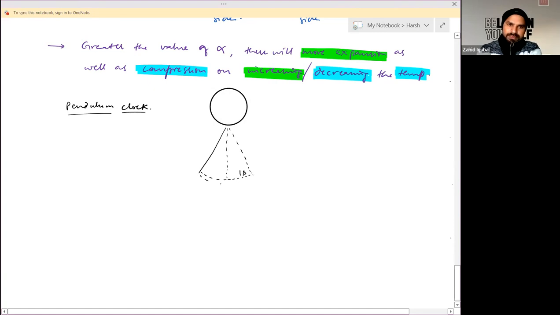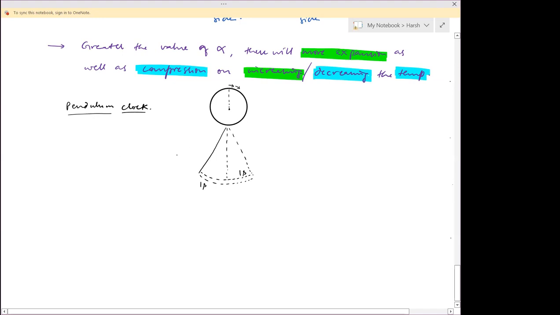On returning back to its original position, it will again take 1 second. During this oscillation, the reading of the clock will be 1 tick and the next one. It means the reading of the clock will be 2 seconds for this particular part. Is it clear? Yes, sir.